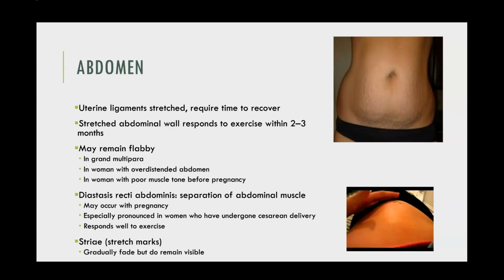The abdomen still may remain a little flabby, particularly in women who have had several babies and women who have an overdistended abdomen anyway. If the woman had poor muscle tone before pregnancy, so she was not very active and did not have really toned abs before pregnancy, it might not firm up quite as well.